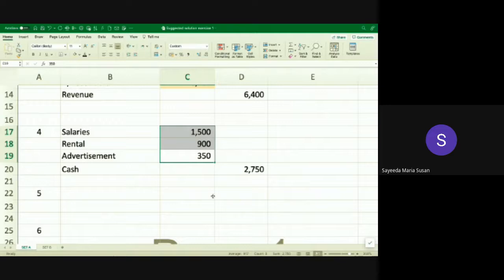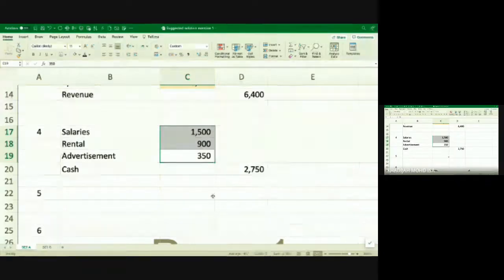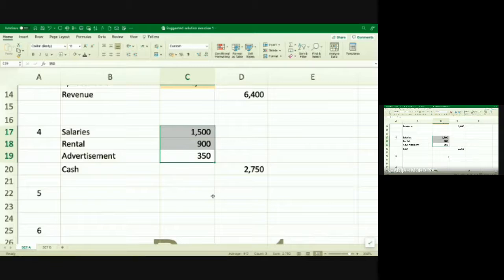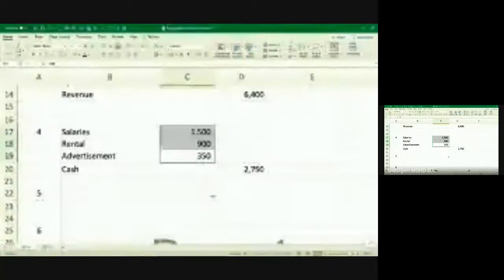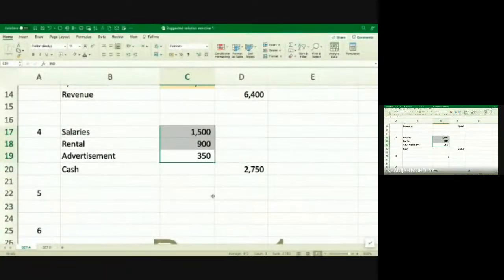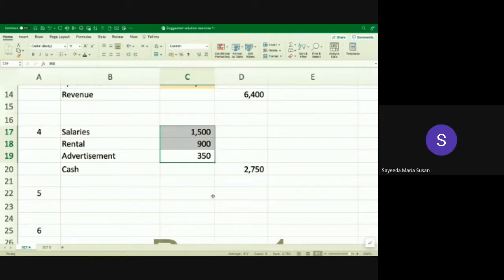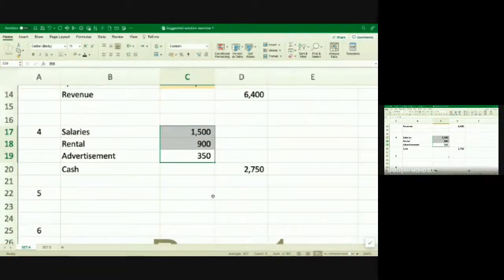Owner's equity is on the right side. Credit. Remember, your asset is debit, liabilities and owner's equity are always credit side. So when you make payment for your expenses, that expense reduces your owner's equity.